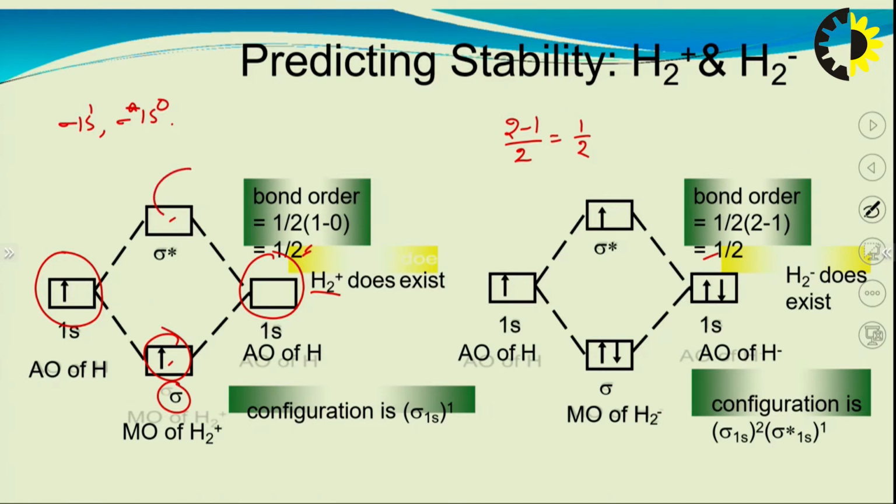So, here there is no electron in the antibonding molecular orbital. That increases its stability, while the presence of electrons in the antibonding molecular orbital reduces the stability, because the energy of this will be very high.